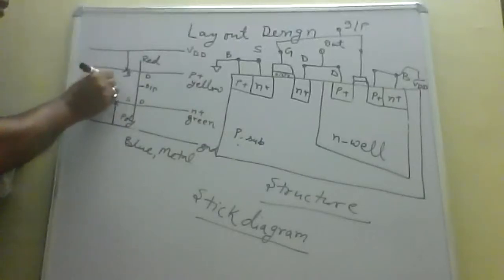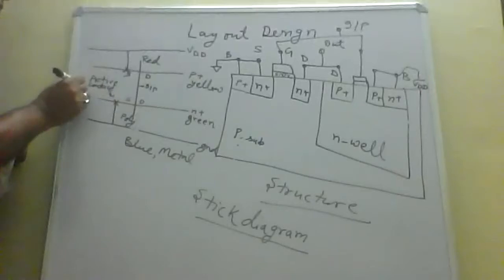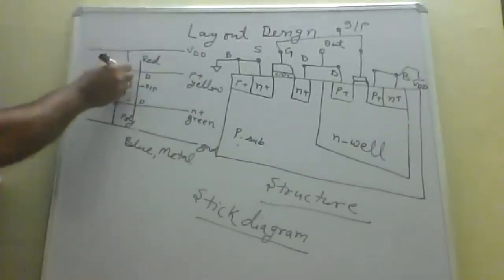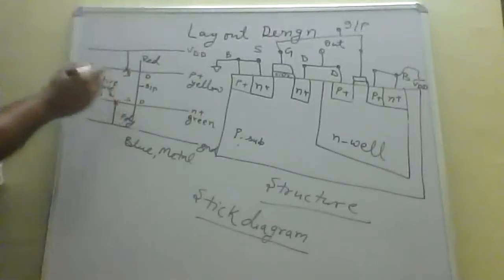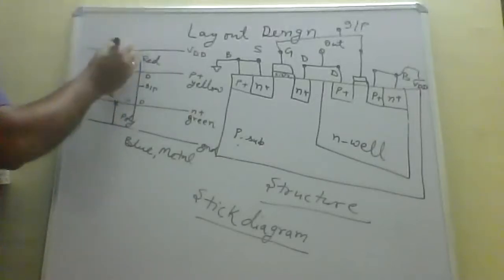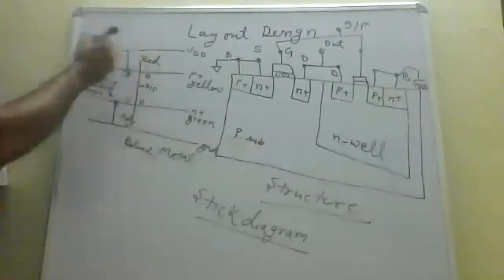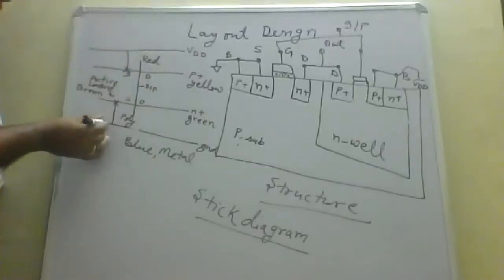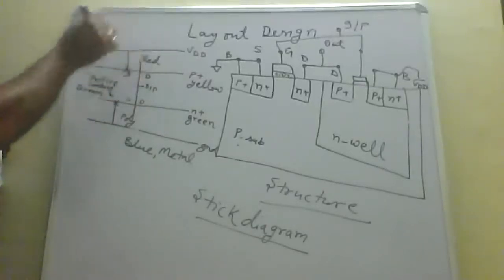This is called the active contact, and it will be of brown color. These we don't require any brown color here because this is metal, this is metal. Similarly, this is metal, this is metal. So we don't require any cross here.